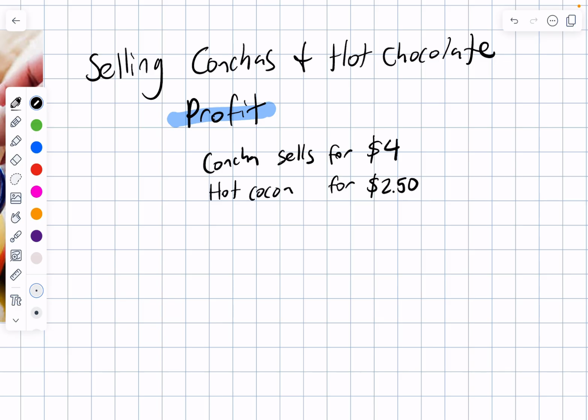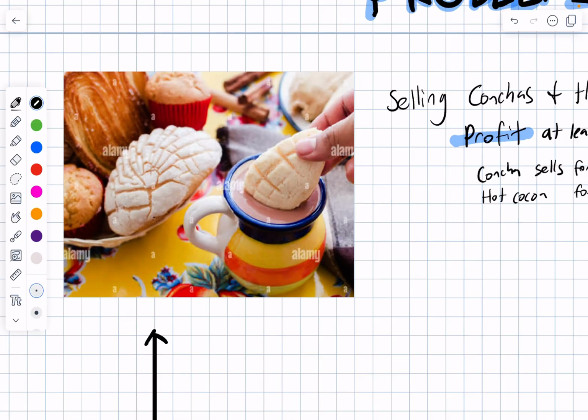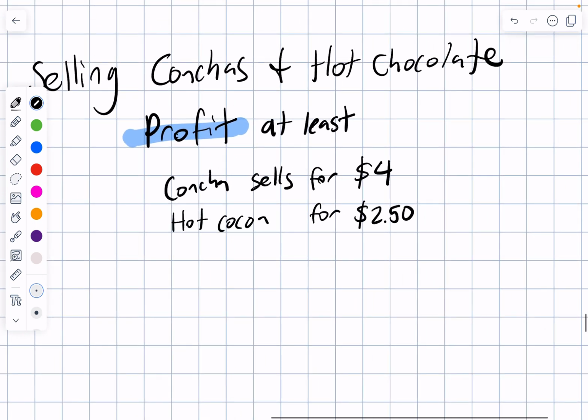If we want our profit to be at least, because let's say we make a bunch of hot chocolate and we buy several conchas, we're not going to make them ourselves. We buy them for less than we sell them, and let's say for all the stuff we have, we need to make at least $80.